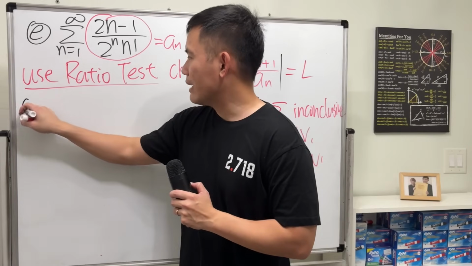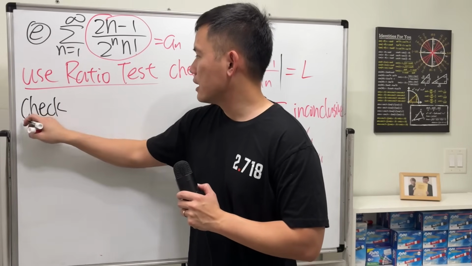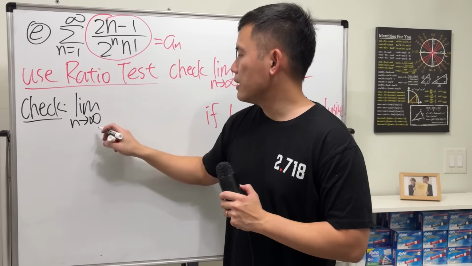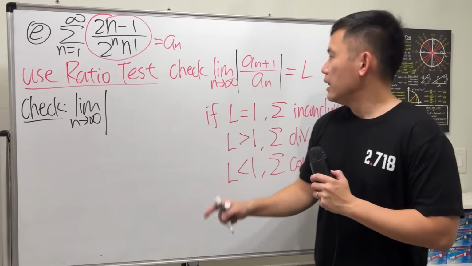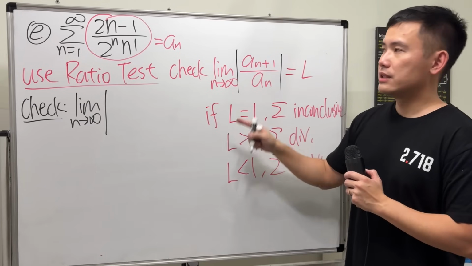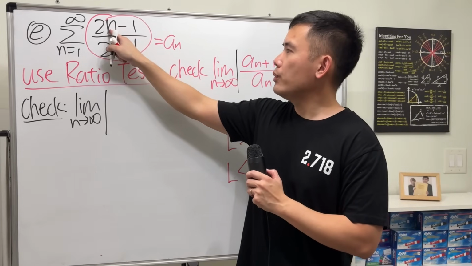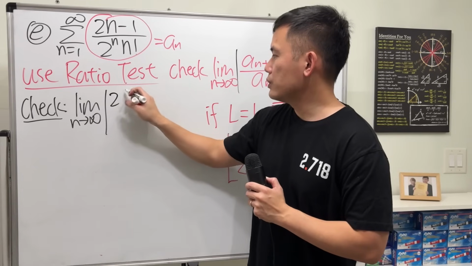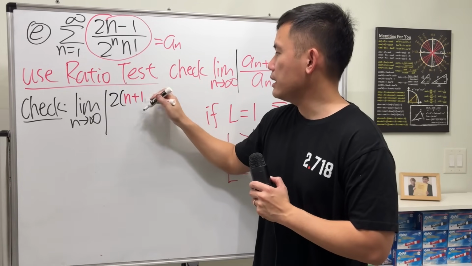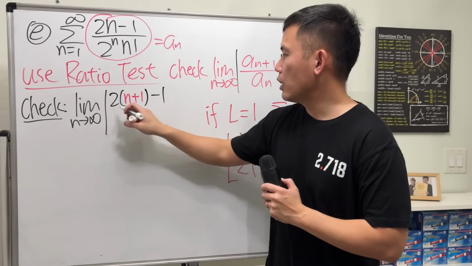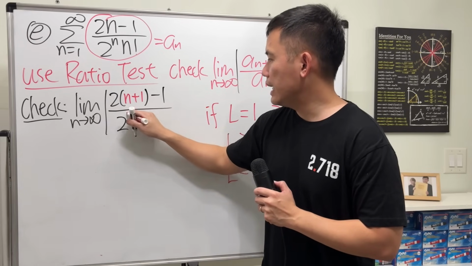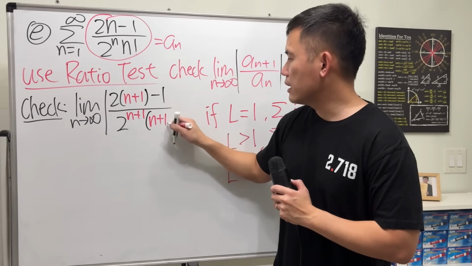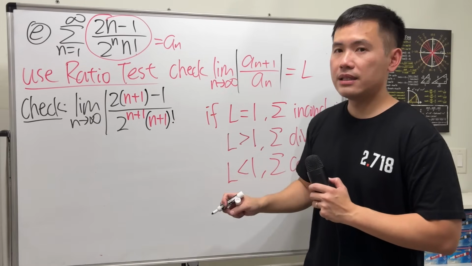So why don't we work this out a little bit? Right here, we will have to check the limit as n goes to infinity, with an absolute value. Let's write down a_(n+1) first, meaning we replace all the n's with n plus 1. So we get (2 times (n plus 1) minus 1) over 2 to the n plus 1, times (n plus 1) factorial.